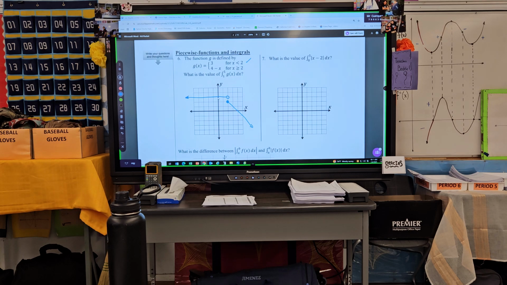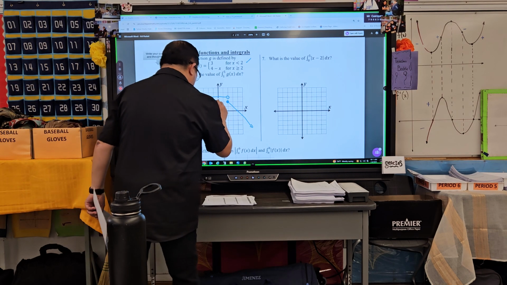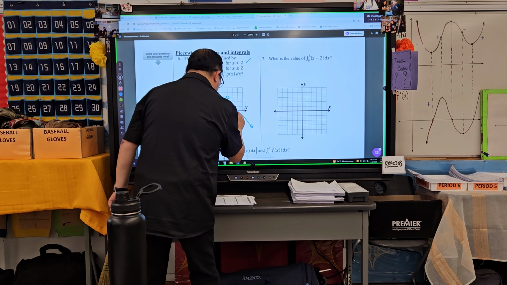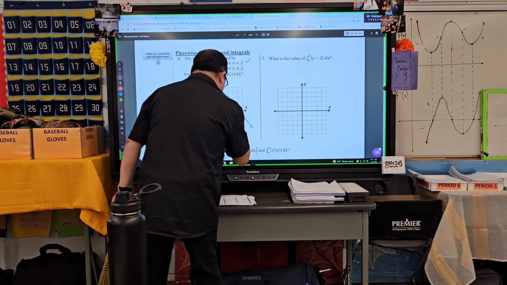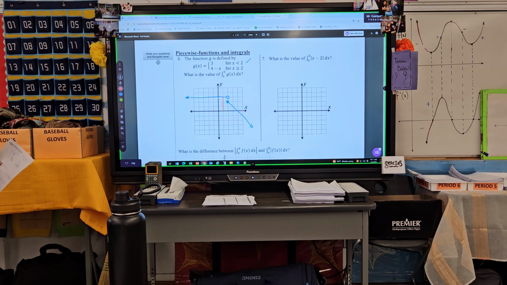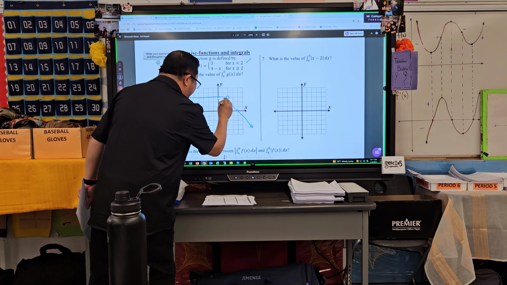And what does it ask? What is the value of the integral from 1 to 5? From 1 to 5. Until here.